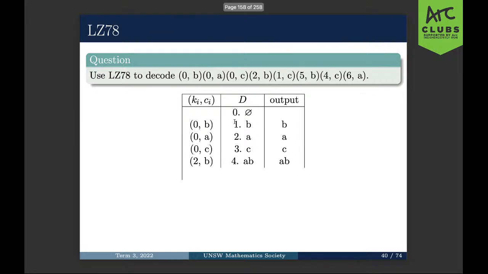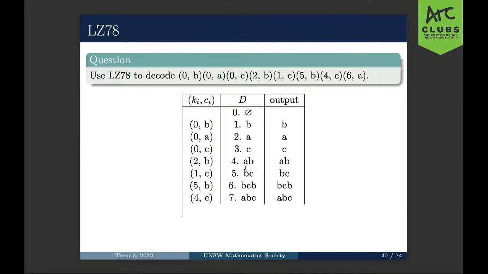But when we get to 2B, this is saying that we extended the second entry by B. So we have AB as a new entry, and we output that. For the next one, 1C, we extended the first one by C. So we put that in the dictionary, and we output BC. 5B, that's saying we extended BC with a B, so we get BCB, we output that.